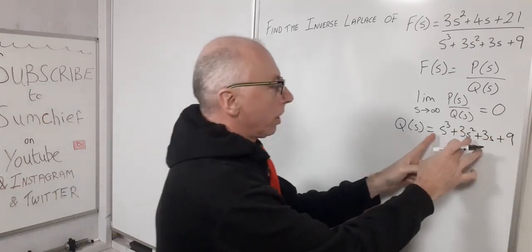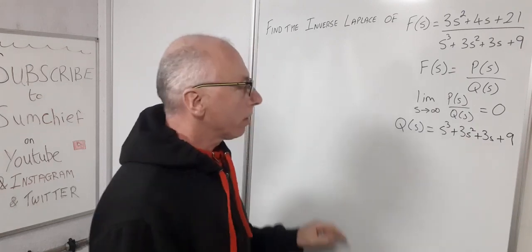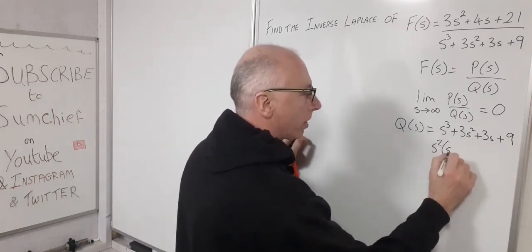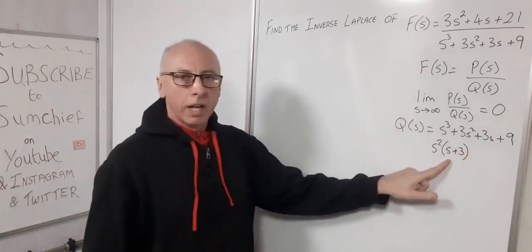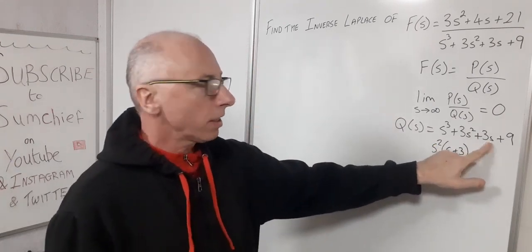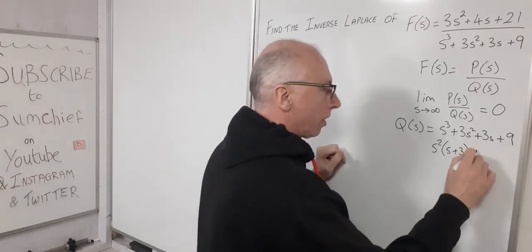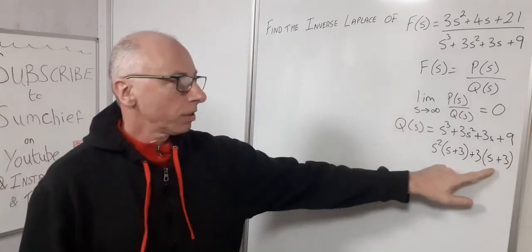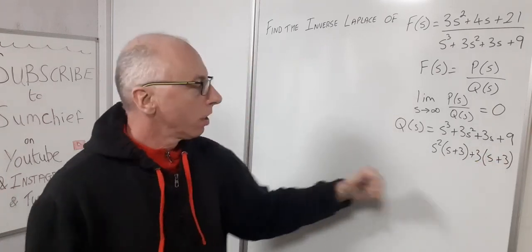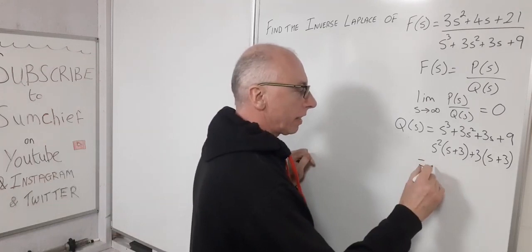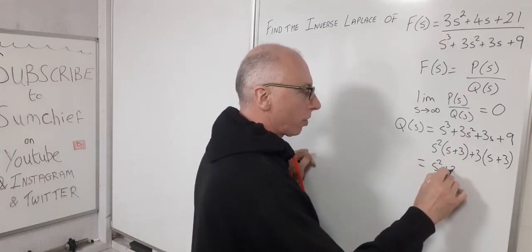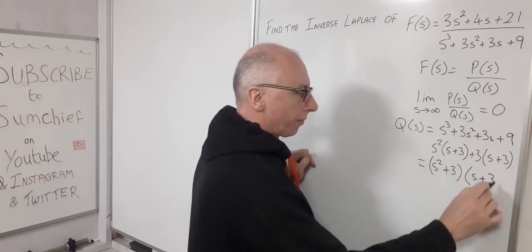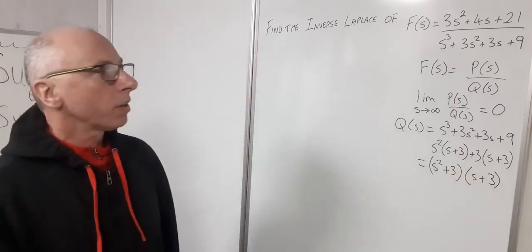Now if we break these down into two parts, take an s² out of this one, we're left with s + 3. And then this one, if we take the 3 out, we're left with s + 3. So we've got s + 3 in both. Therefore we can break that down into (s² + 3) and (s + 3). That's what we've got so far.